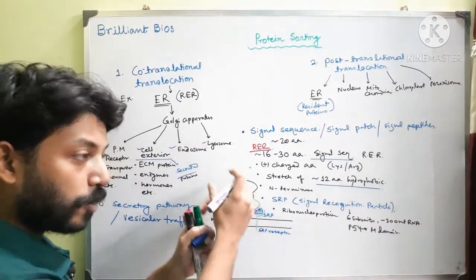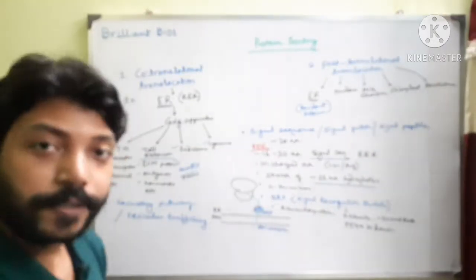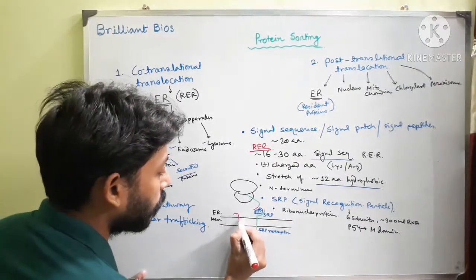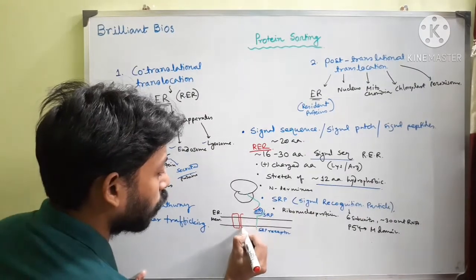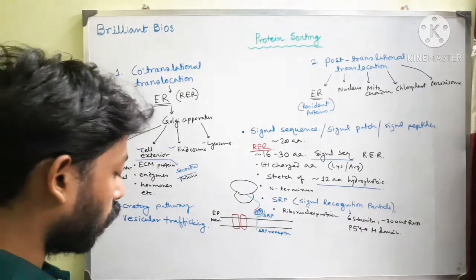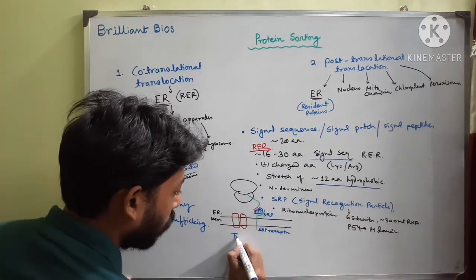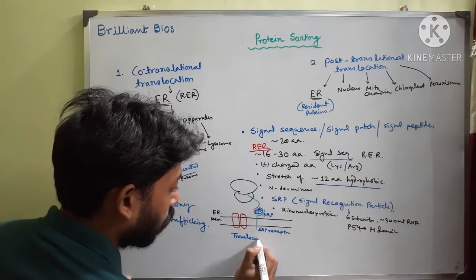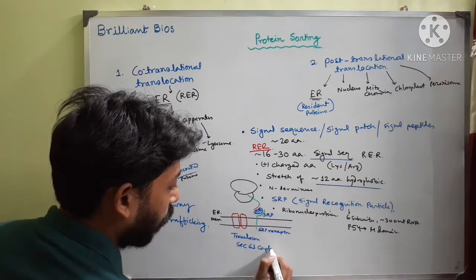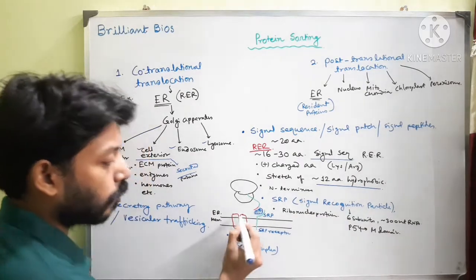Now SRP brings this whole complex, and not only that, there is a channel-like structure in the endoplasmic membrane through which this protein will enter. This is called the translocon. Example, the SEC61 complex. Okay, you can remember this. Mainly you must remember this is called the translocon.